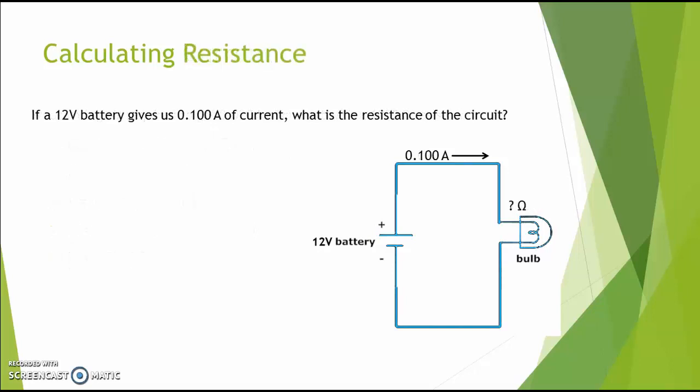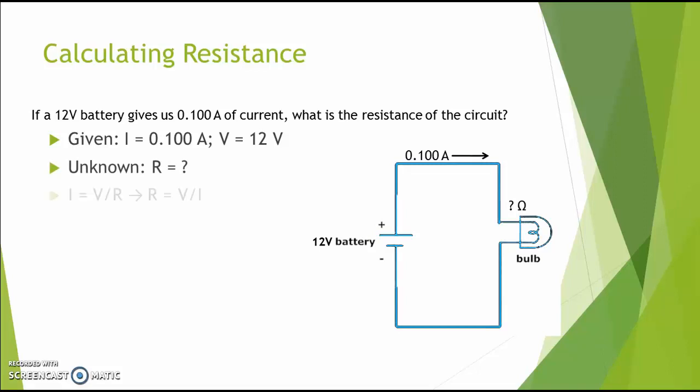All right, one more. Why not? We can calculate the resistance. If a 12 volt battery gives us 0.1 amps of current, what's the resistance in the circuit? Again, we state our given, our current and our voltage. We then know our unknown is the resistance.